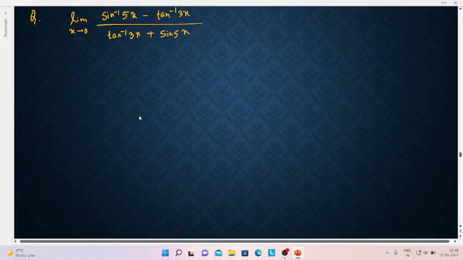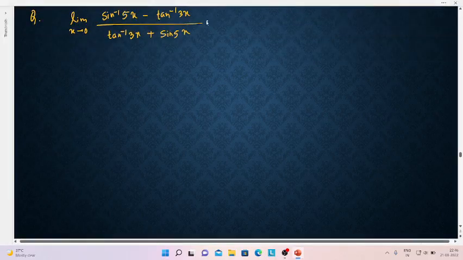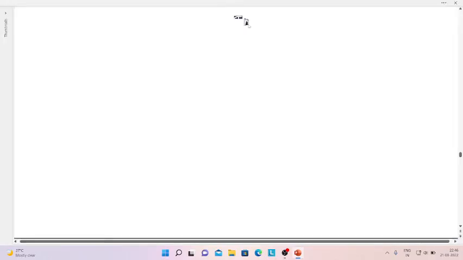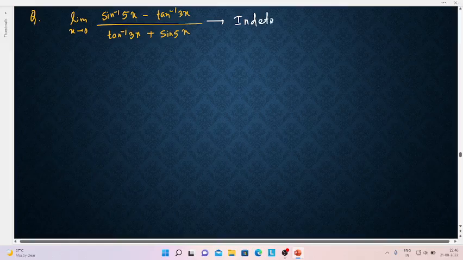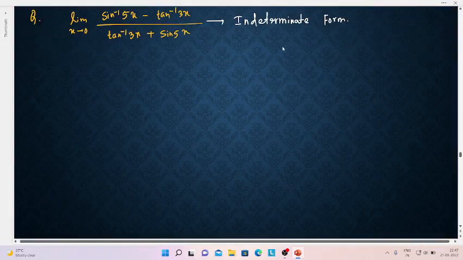So this is of the form which is known as indeterminate form. So since we got an indeterminate form, how can we solve that question?